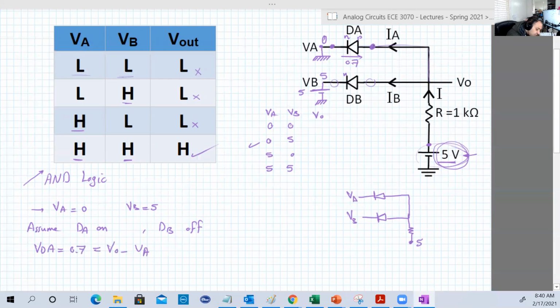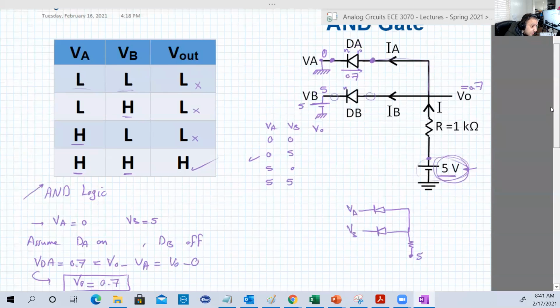This point is VO, this point is VA. VO is unknown for us till this moment, and VA is known. This is the input, and it's 0 right now. So from this, we can say that VO equals how much? VO minus 0 equals 0.7. So here, this guy is 0.7.